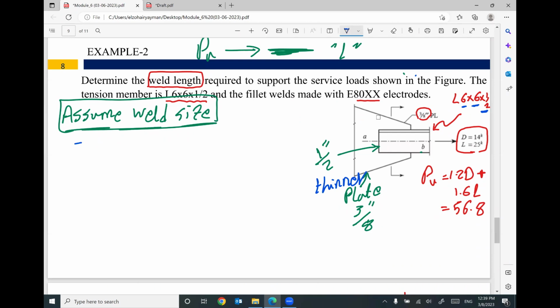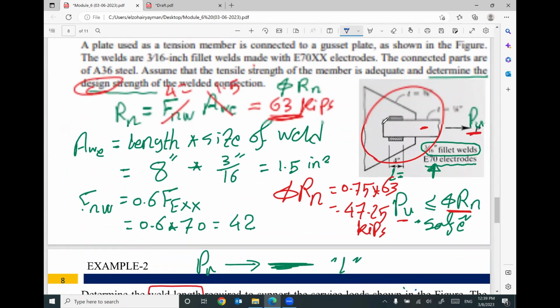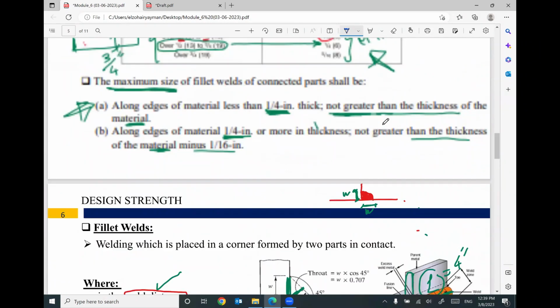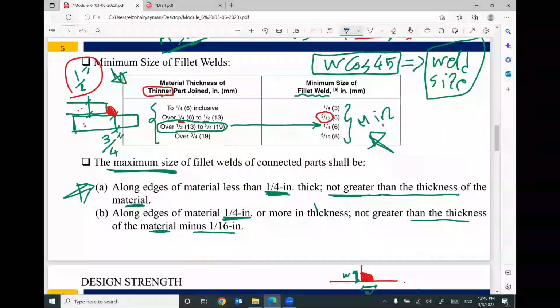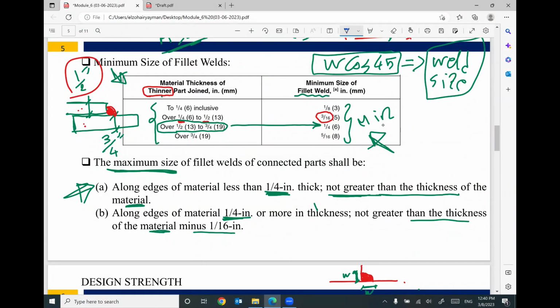I think 3/8. Based on the 3/8, I can assume the minimum weld size. I can go back to this table. If your thinner part is 3/8, it is somewhere in between here.